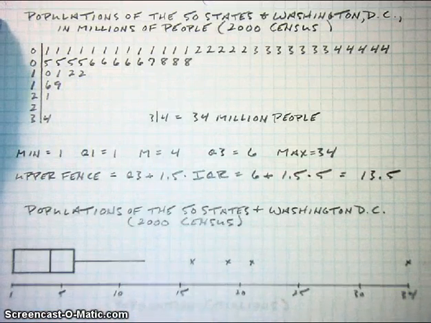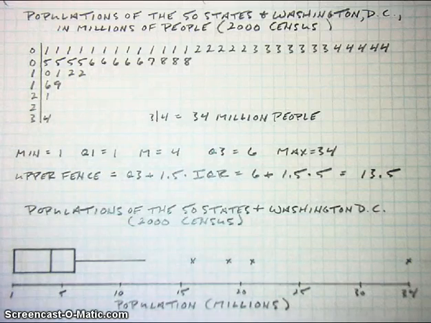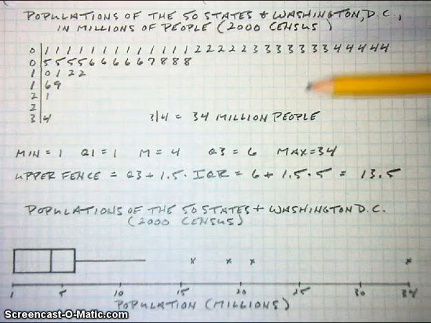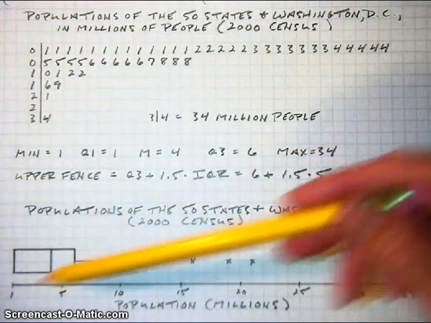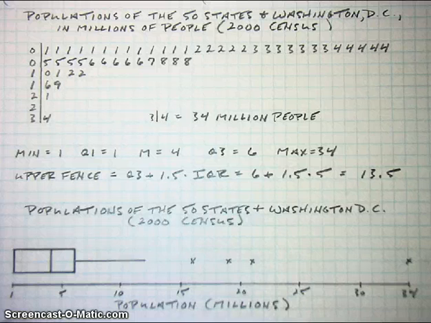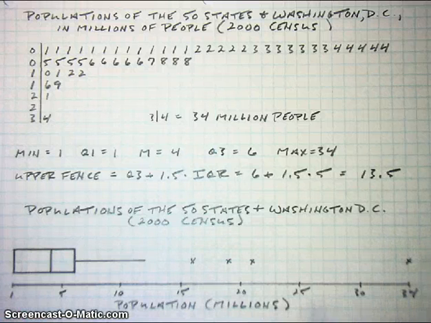So when you draw your box and whisker plot, if you do a modified box plot, make sure you have a title, make sure you have an axis with a label and a scale. You only need to extend the scale from the minimum value to the maximum value.